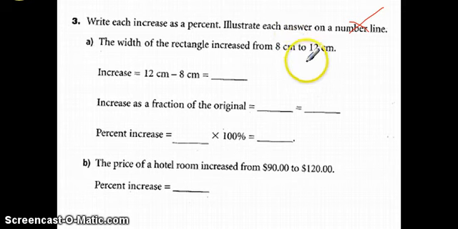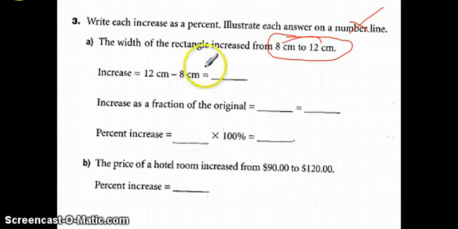Okay, so what we want to do is find the difference between our initial and final. Okay, and we do that by saying, well, there's 4 in between 8 and 12. Okay, so 12 minus 8, that gives us a change of 4 centimeters. Now, we want to indicate here our change over the original size of the rectangle.